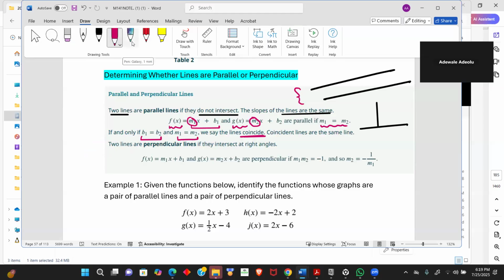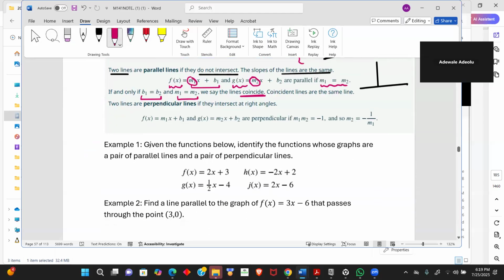Moving on. What of perpendicular? We say two lines are perpendicular if they intersect at 90 degrees. Again, we have function f, function g. We say they are perpendicular if the product of their slopes is -1.